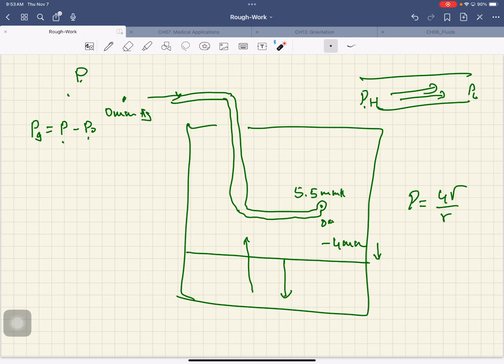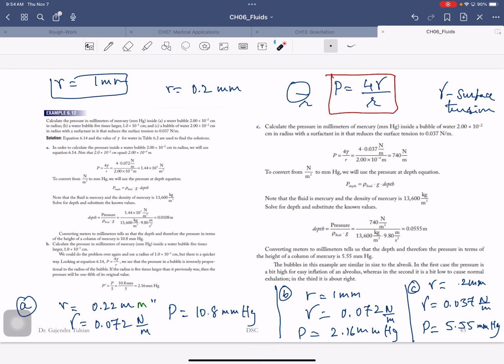All right, so let's look at the emphysema patients. Okay, which are the emphysema patients? These guys are the emphysema patients. Their alveoli have become big. Are you guys following this?